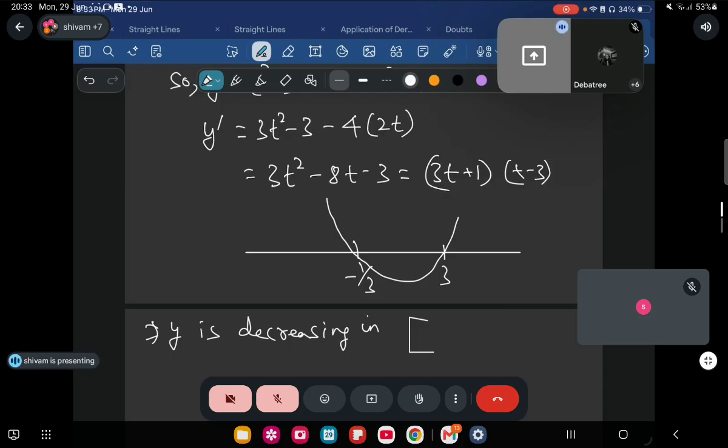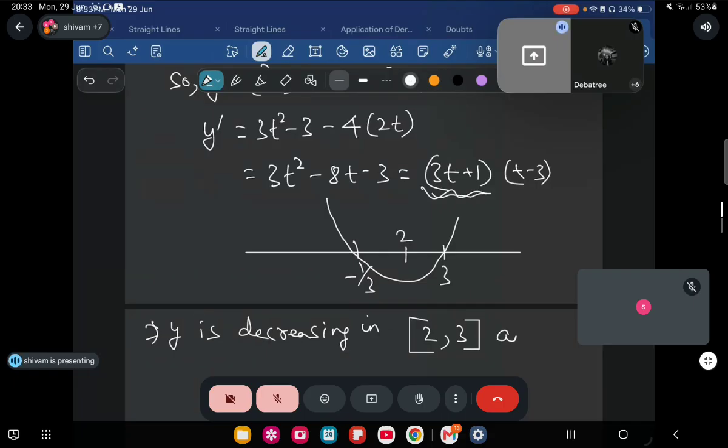Okay, y is decreasing. But t has a range, right? t belongs to 2 comma infinity. So this is always positive, so we don't need to think about this. We need to think from 2 to infinity. So y is decreasing in 2 comma 3.